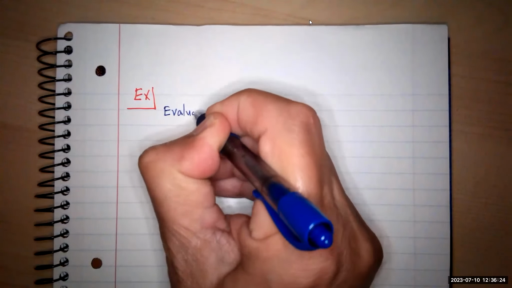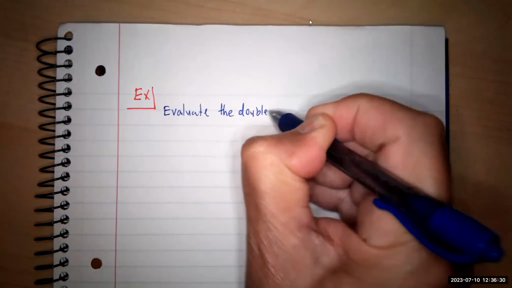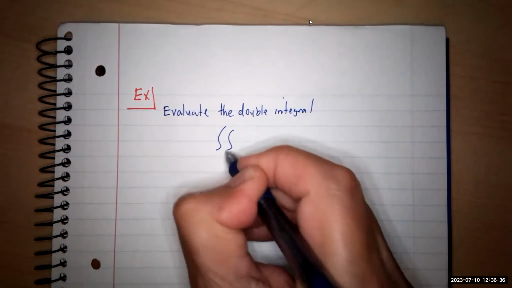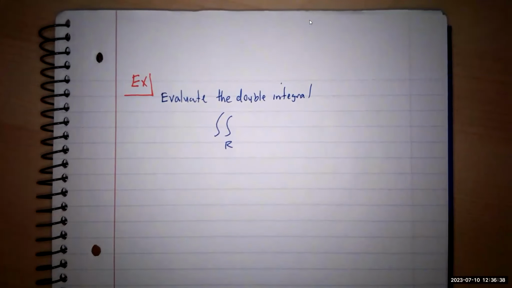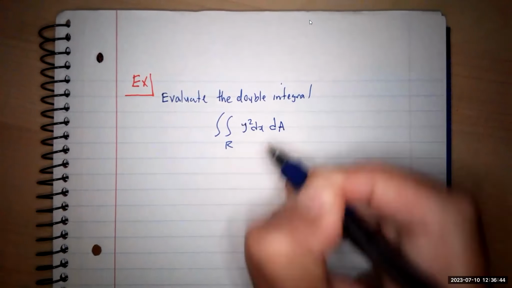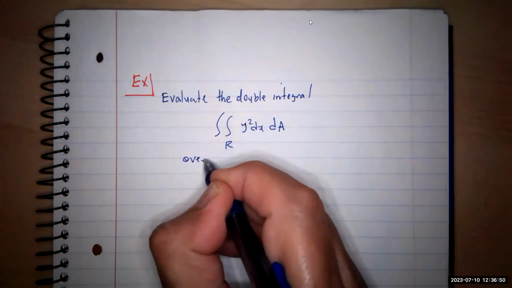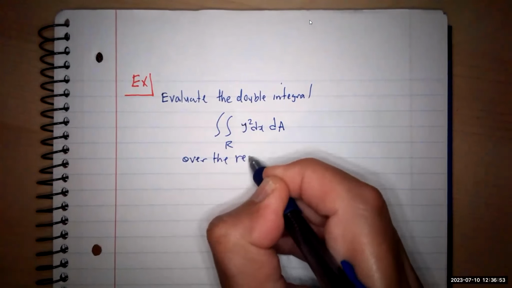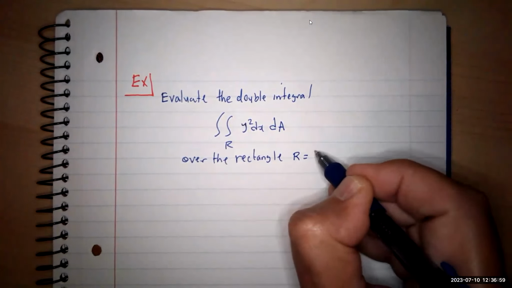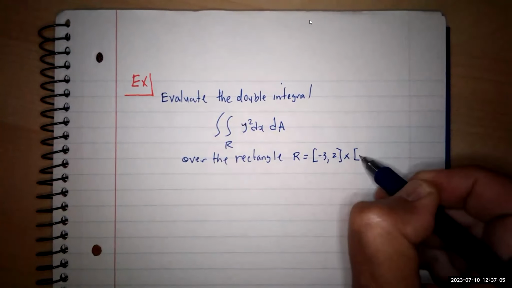Evaluate the double integral. The notation that they use, you see, they put the R here, it's a double integral of the function y squared x dA over the rectangle R equal to [-3, 2] for the first interval and [0, 1] for the other interval.